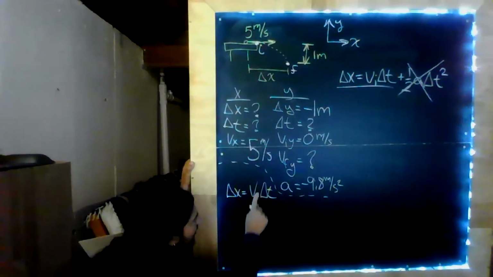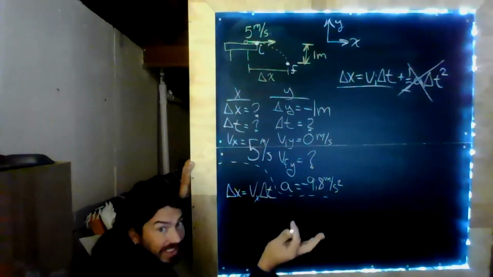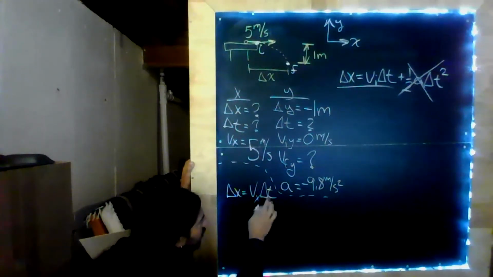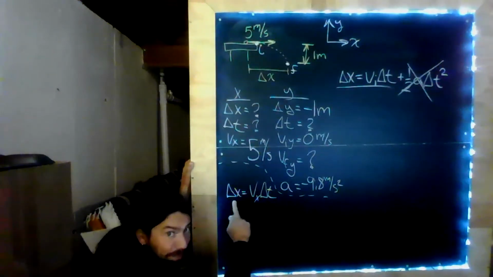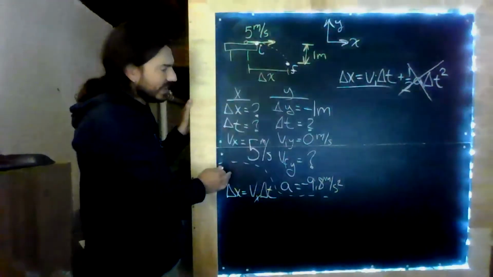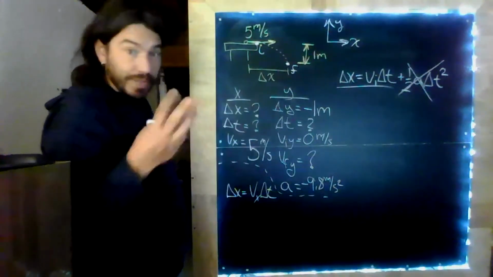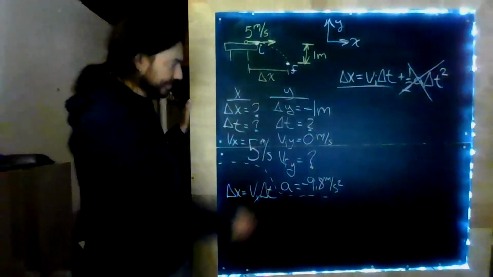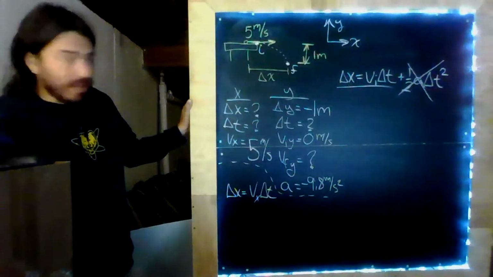We know Vx, and again, we don't need initial and final because it's not changing. So if we could figure out delta t, then we'd be able to answer this question. Now, we don't have enough information in x to figure out delta t, but looking at y, remember, if you have 3 out of the 5, you can always find the other 2. So we can definitely find delta t, can't we?